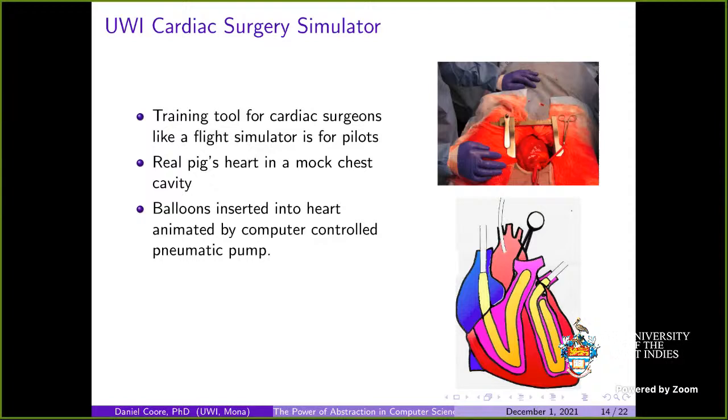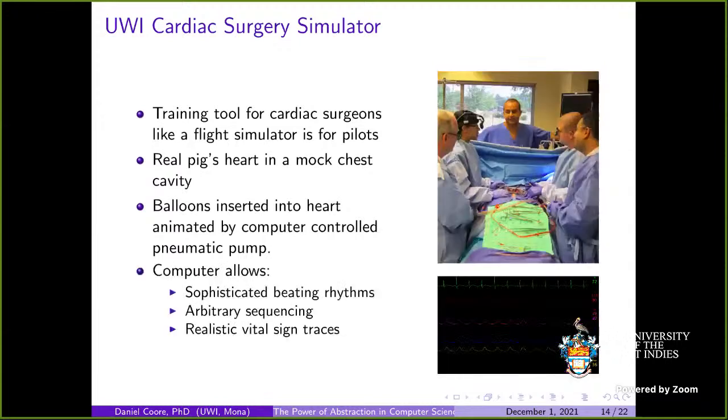The fact that it's a combination of physical tissue and electronics and mechanical components. Balloons are inserted into the heart, and those balloons are inflated and deflated by a pneumatic pump that's controlled by a computer.